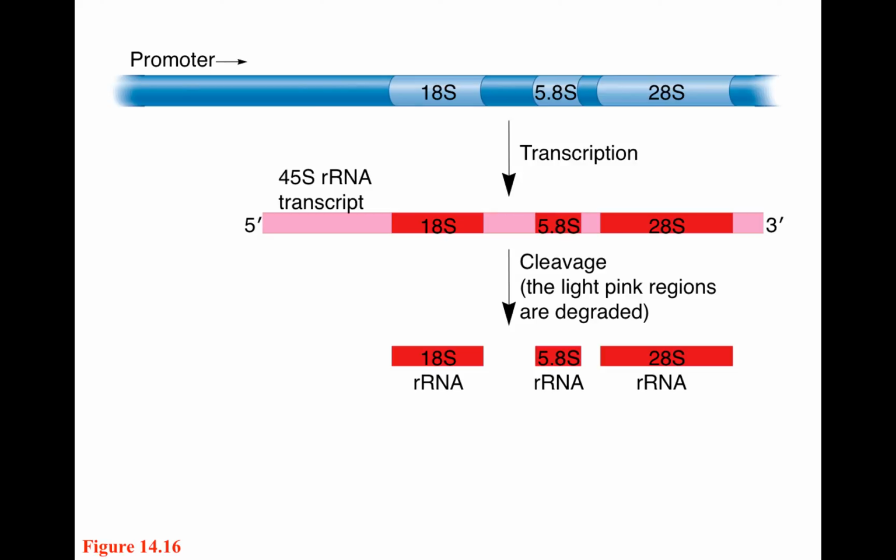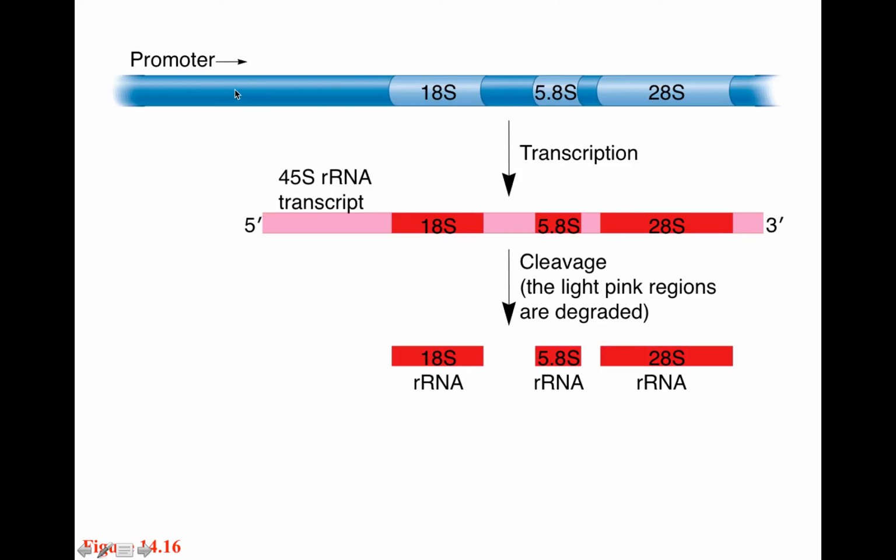So let's look at a ribosomal RNA gene first. Ribosomes have different RNAs that make up the small subunit of the ribosome and the large subunit of the ribosome. This also goes in the large subunit of the ribosome. And these RNAs are transcribed as a single transcription unit, which is subsequently cleaved into smaller RNAs.